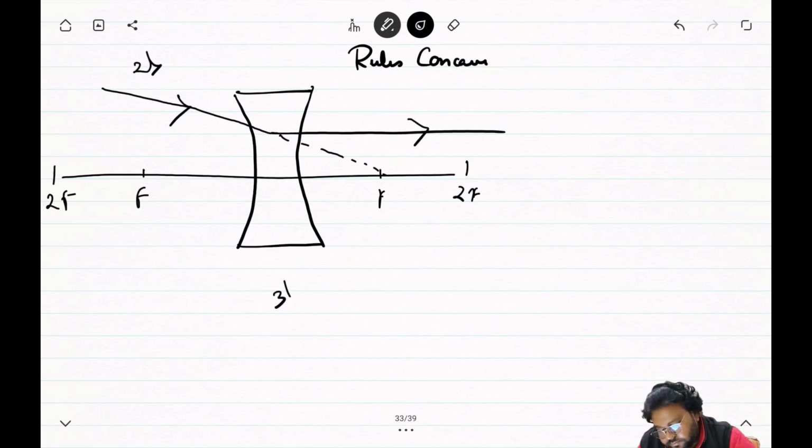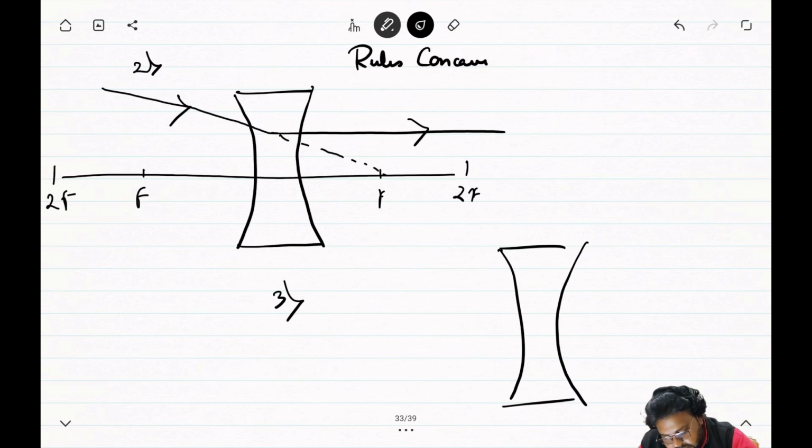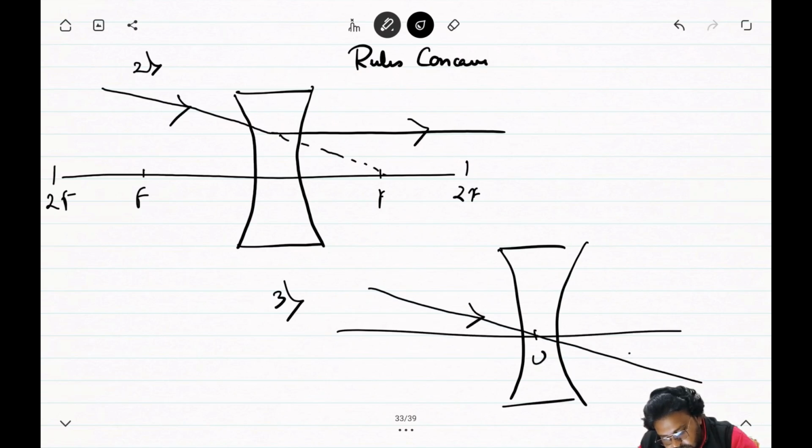That's your second law. And the third law, again I am saying there are 90% chances that a question from these laws or ray diagrams will come in this exam. Concave lens and convex mirror are most important. And the third one, if the light ray is passing through the optical center, it will go intact, that means no deviation.